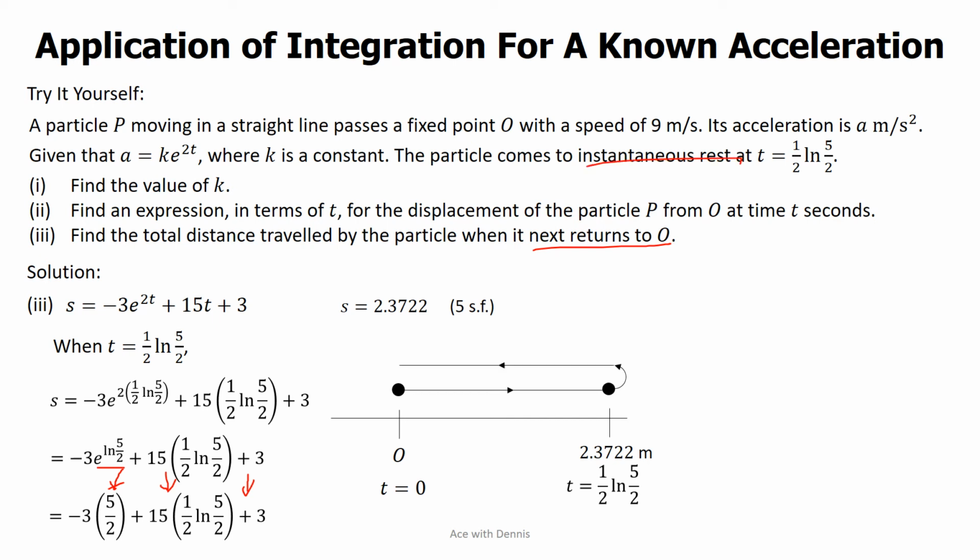And it goes back to the original fixed point O, which is required by the question, returns to O. And we reach here. So the total distance traveled will be 2 times 2.3722, which gives us 4.74 meters. We leave it as 3 significant figures.